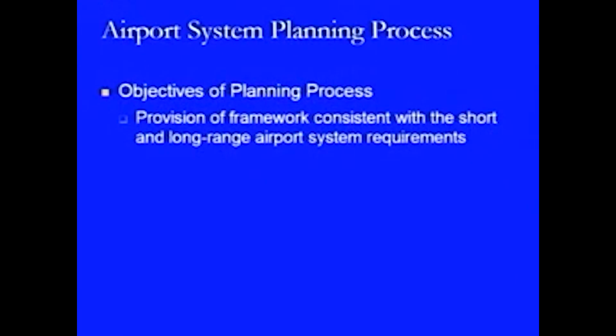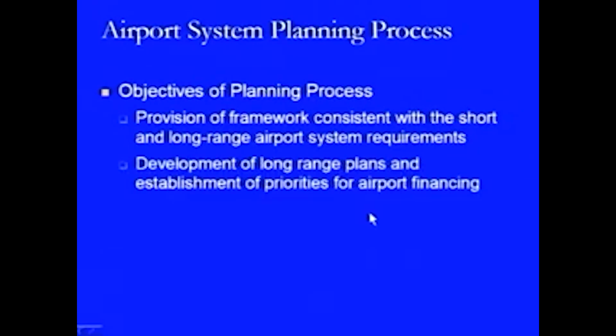But there are some more things which need to be looked at, like the provision of a framework which is consistent with the short and long range airport system requirements, and that is what we are talking about, the deficiencies. So, we have to look at the immediate deficiencies or the deficiencies which may arise in long range development, and within those long range development plans we have to formulate the plans and then fix the priorities, so that the financing can be decided, how the money will be coming, so that the development can take place in a phased manner.